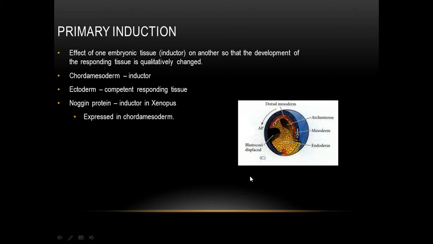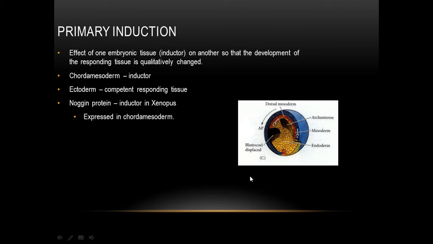For the case of primary neurulation, primary neural induction, we expect that our responding tissue is the ectoderm, and our inductive tissue is the mesoderm, chorda mesoderm to be more specific.